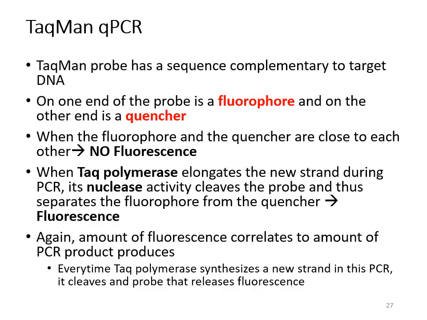Okay, this is a slide that helps you kind of see in words what I was just saying. Make sure you're very comfortable with knowing what happens with the fluorophore when it's near the quencher versus when it's separate, okay? Make sure you can explain how exactly does a TaqMan probe allow us to quantify a PCR product, okay?